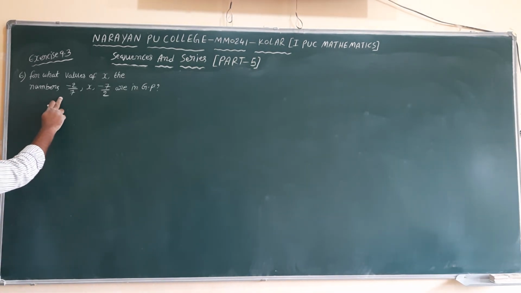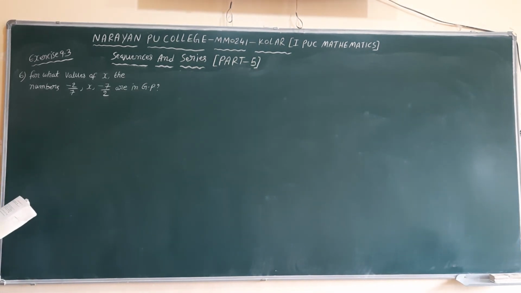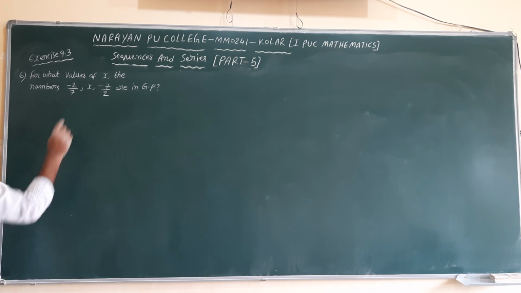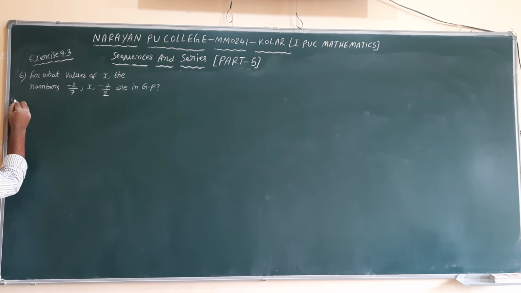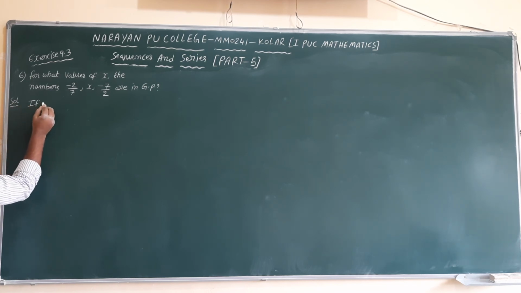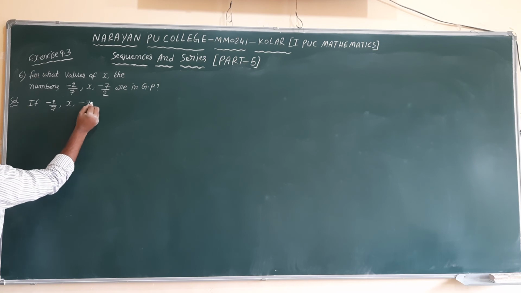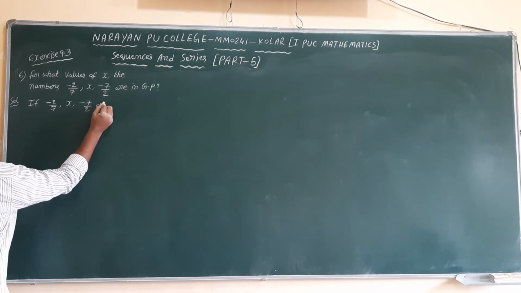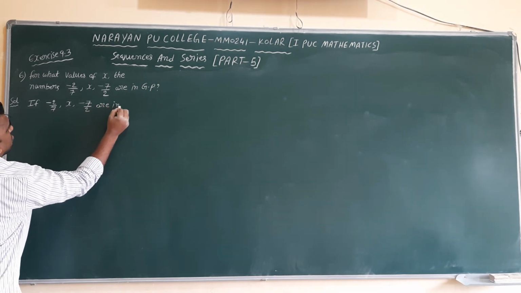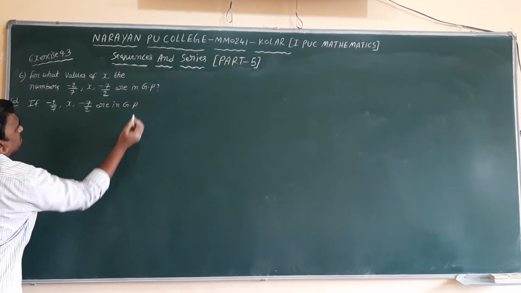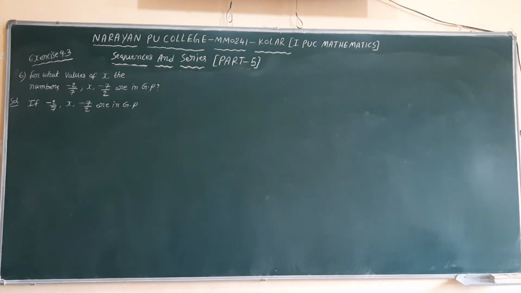Here, for what values of x are these terms in GP? If you want to say terms are in GP, ratios are equal. So if minus 2 by 7, x, minus 7 by 2 are in GP, GP in the sense ratios are equal.